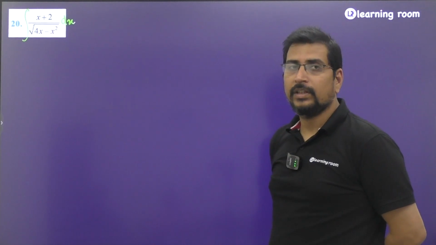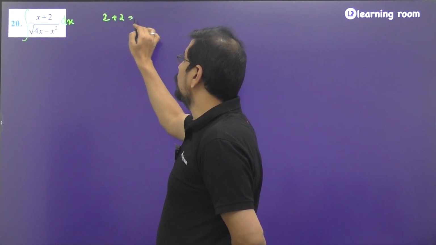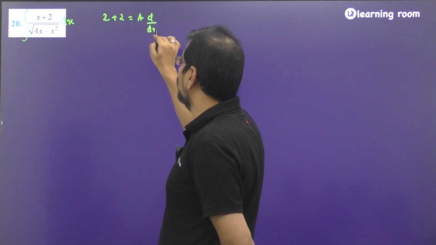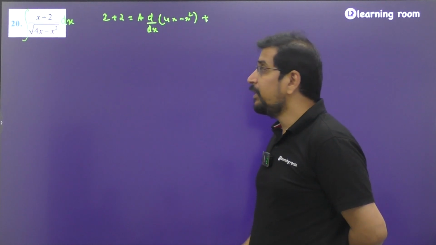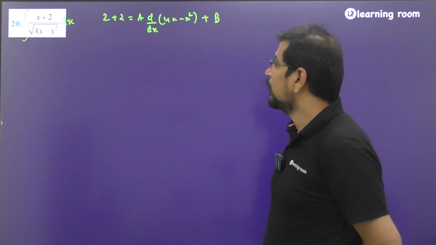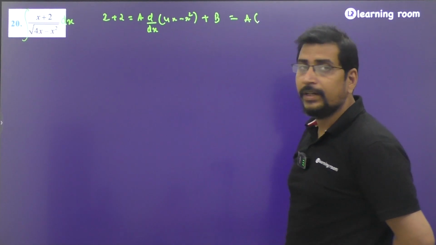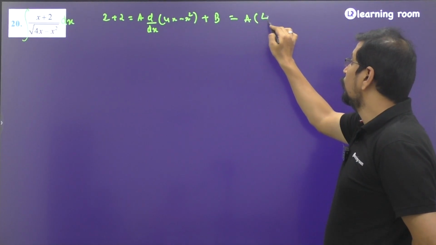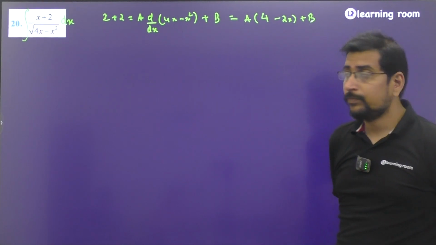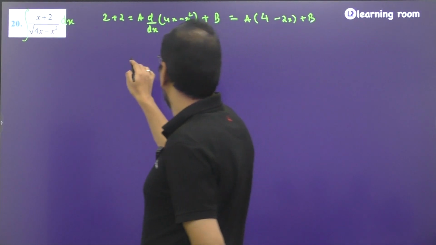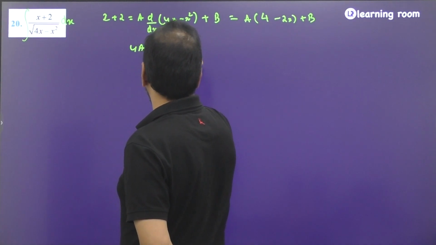Integral of x plus 2 divided by the root of 4x minus x square. So you will write x plus 2 is equal to A into d by dx of 4x minus x square plus B. Right? So this should be equal to A into the derivative of 4x minus x square, which is 4 minus 2x, and you have A plus B here. So 4A plus B is 2.